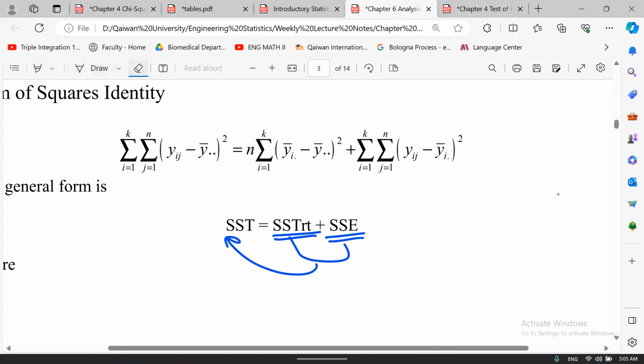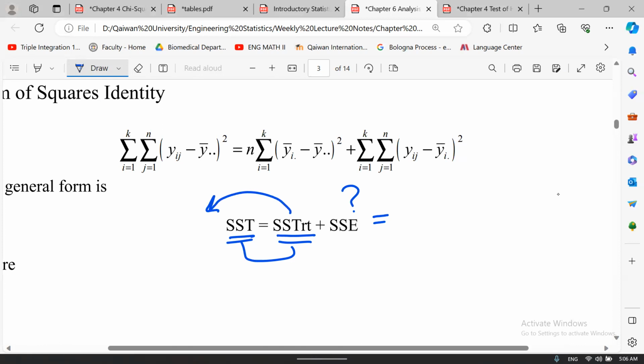What if we find SSTRT and SST? How to get SSE? We just move this to the other side. We get SST minus SSTRT.